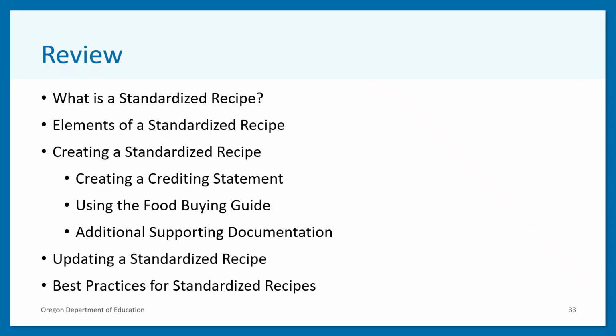In this training, we covered the definition of a standardized recipe, all the required elements of a standardized recipe, how to create a standardized recipe with a focus on creating a crediting statement, using the food buying guide, and the situations when you would need additional supporting documentation. We ended this session by going over how to update a standardized recipe, along with some best practices.